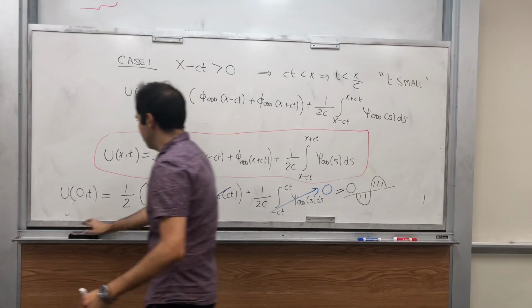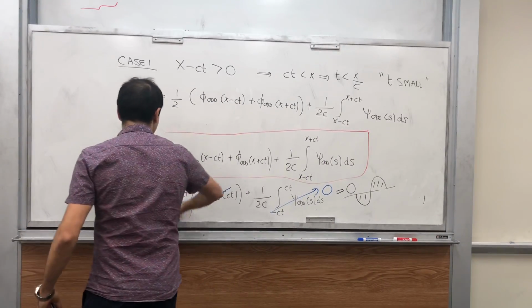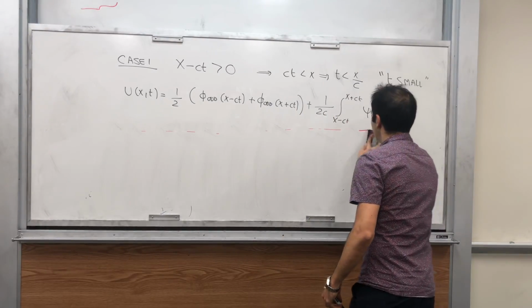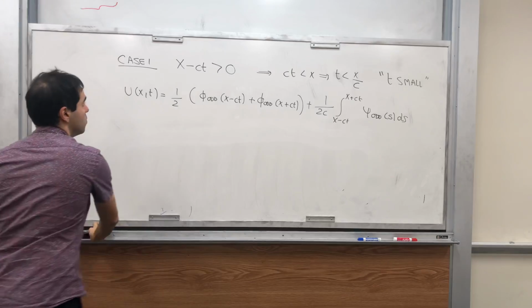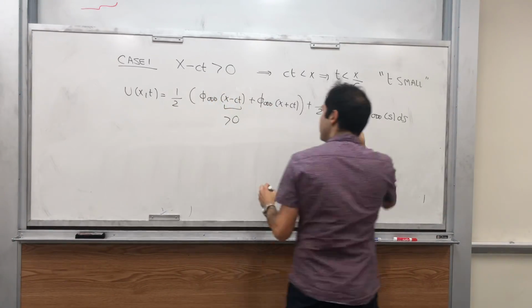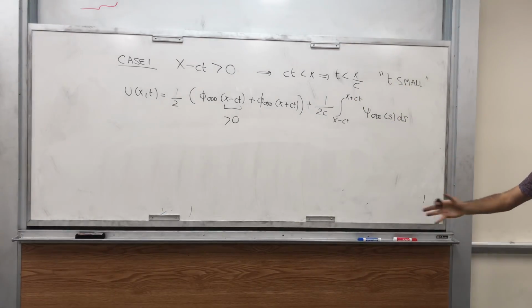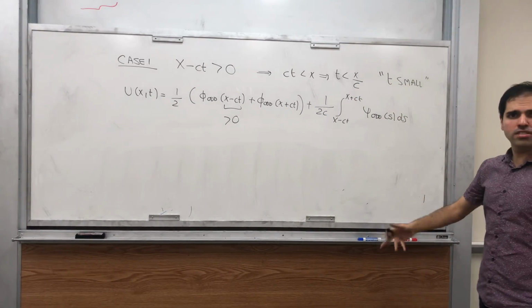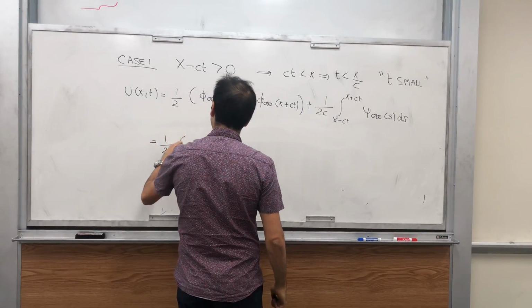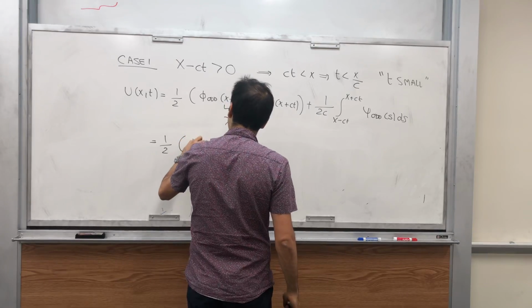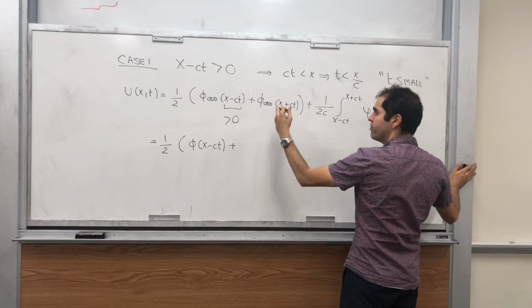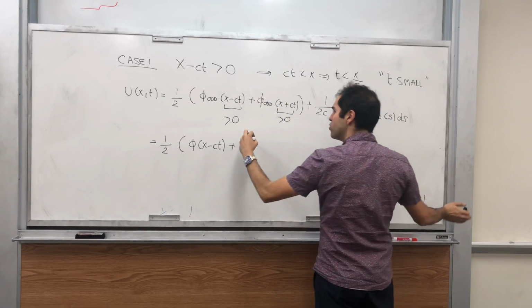Now, look, we know x minus ct is positive. And in particular, remember, if the argument is positive, phi odd just becomes phi. So this becomes 1/2 phi of x minus ct. And now remember, x is positive, time is positive, so this is also positive.